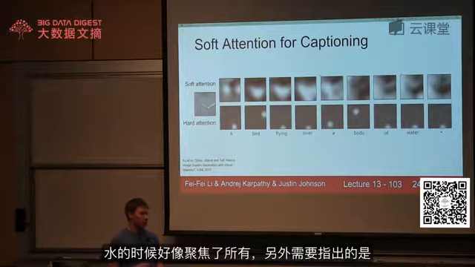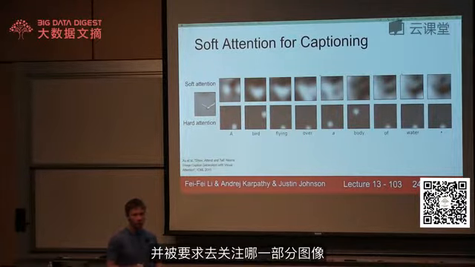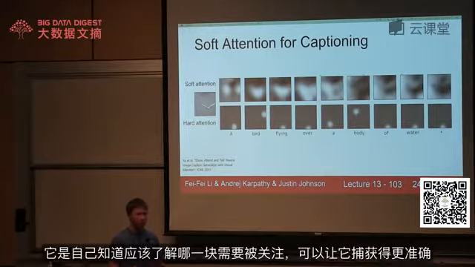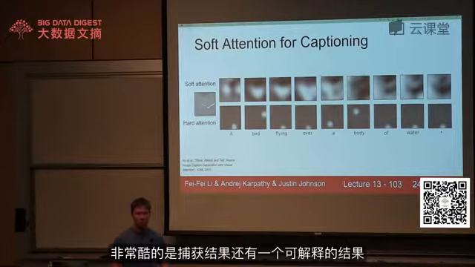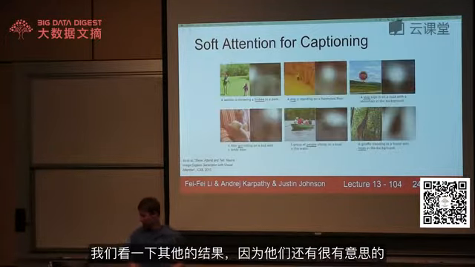Another thing to point out is that it didn't receive any supervision at training time for which parts of the image it should be attending to. It just made up its own mind to attend to those parts based on whatever would help it caption things better. And it's pretty cool that we get these interpretable results just out of this captioning task. We can look at a couple other results because they're fun.